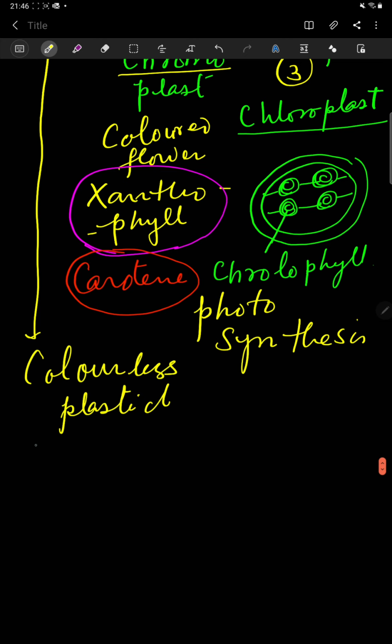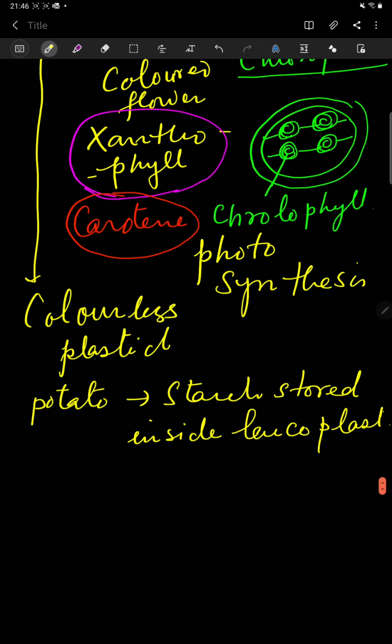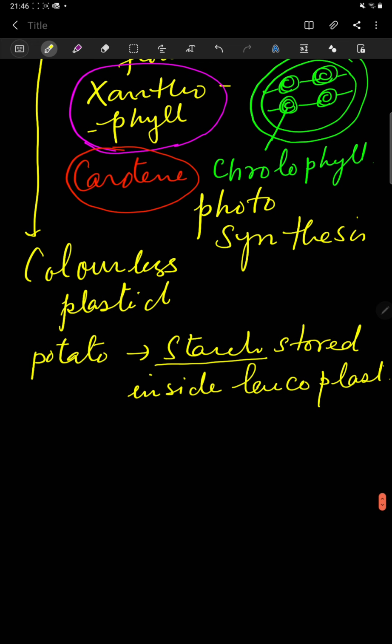For example, in case of potato, starch is stored inside leucoplast, L-E-U-C-O. In the same way, not only starch, in certain colorless plastids, oil is stored.